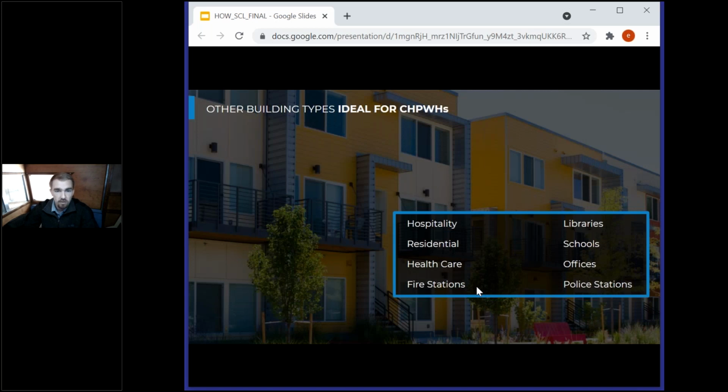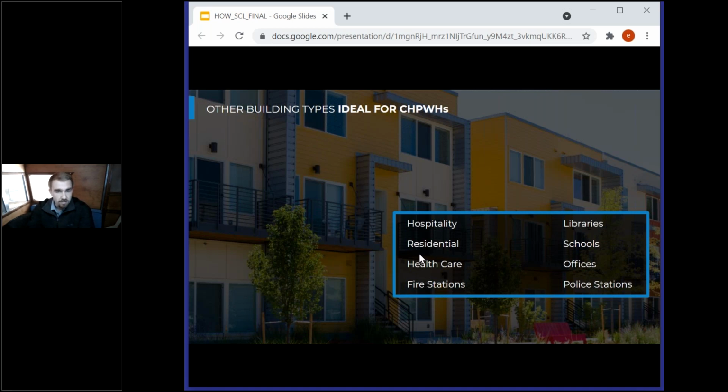And then even though they're more recognized in residential right now, there are many other ideal installations for heat pump water heaters. Really, any building that needs hot water can benefit from a heat pump water heater. And the commercial size systems are often in a centralized heating plant, like you would see a central boiler plant in a mechanical room in a lot of these buildings.